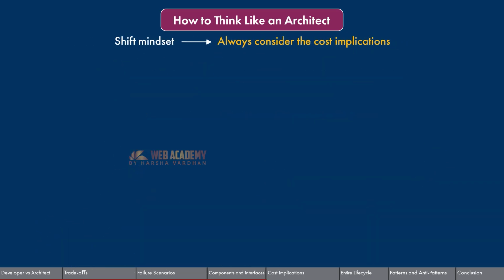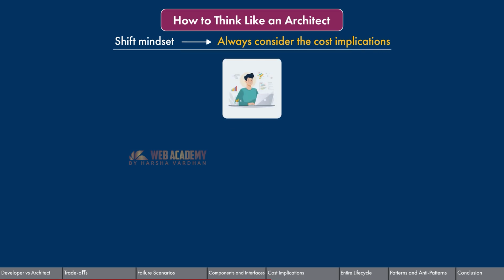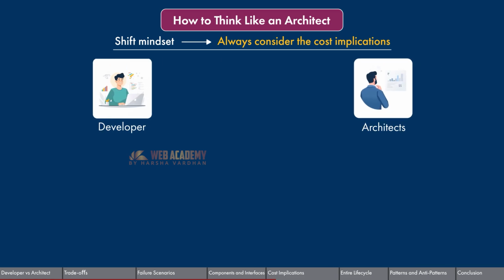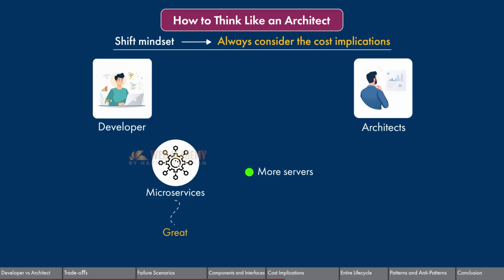The fourth mental shift is to always consider the cost implications. Developers often focus on technical elegance, but architects need to think about the budget. Every decision has a cost attached to it. Using microservices sounds great, but it means more servers, more monitoring, more complexity.